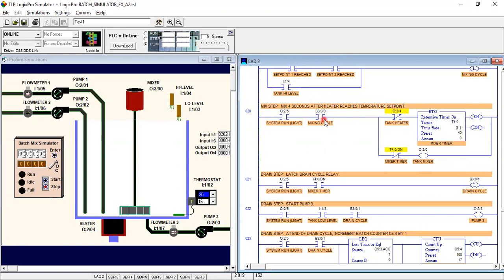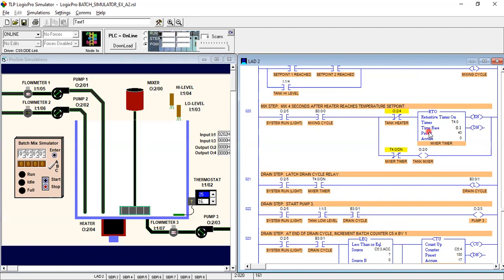After that we have to take another binary bit for the mixing cycle. And on the output side we have to connect an RTO, the retentive timer on. I hope you remember the RTO.